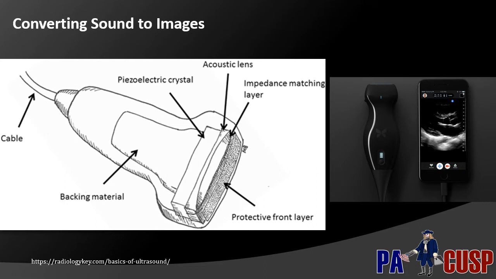This ultrasound wave or ultrasound beam penetrates tissues, some of which are reflected back in what are referred to as echoes. These echoes are converted back to electrical signals through another series of expansions and contractions, and these electrical signals are then displayed on the computer screen as a grayscale image.